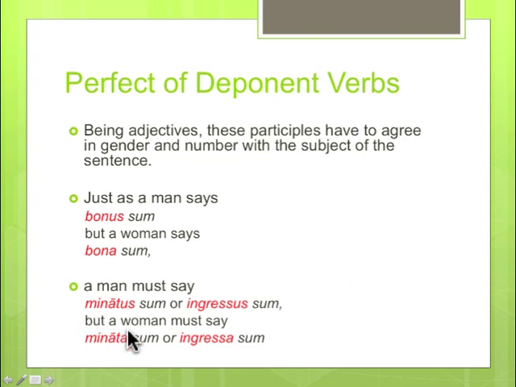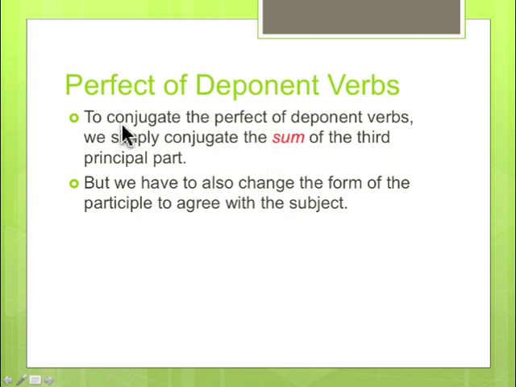And a woman must say minata sum or ingressa sum using feminine forms of the participles in the perfect deponent. To conjugate the perfect of deponent verbs, we simply conjugate the sum of the third principal part. But we have to also change the form of the participle to agree with the subject.